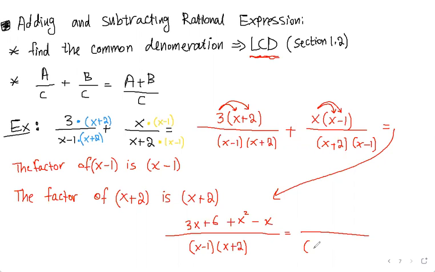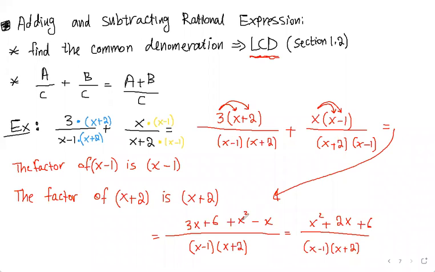So what's the answer here? It is x squared plus 2x plus 6, sorry. Here we do like we learned last time with polynomials: we look to combine like terms.